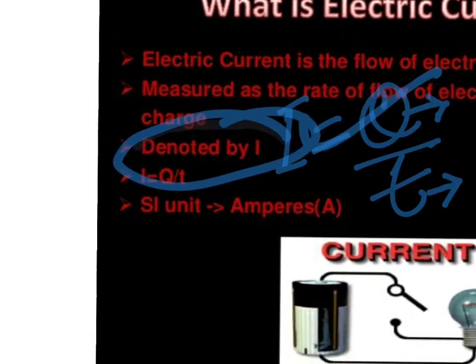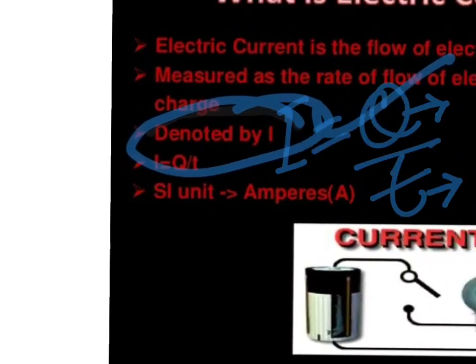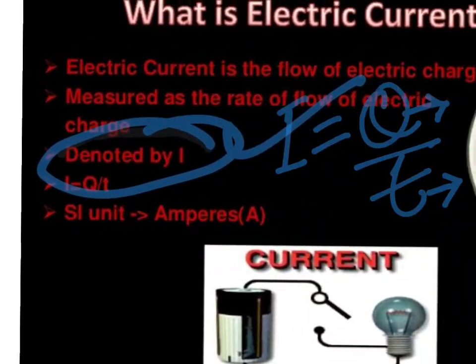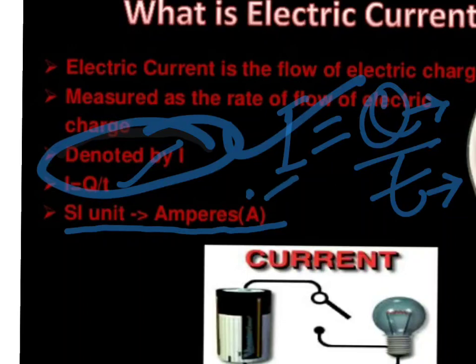Here you can see that I is equal to Q divided by T. And as I already said, the SI unit of current is ampere and it is represented by symbol A.